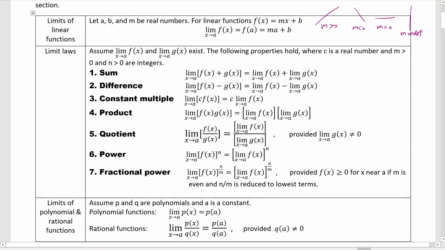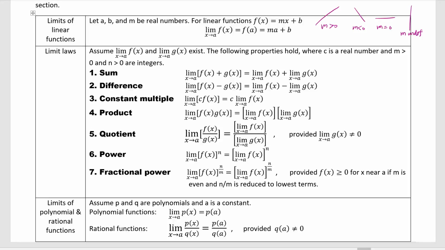Assume f and g have limits. The following properties hold, where c is a real number and m and n are integers greater than 0. We have the first, the sum law: the limit of the sum equals the sum of the limits.